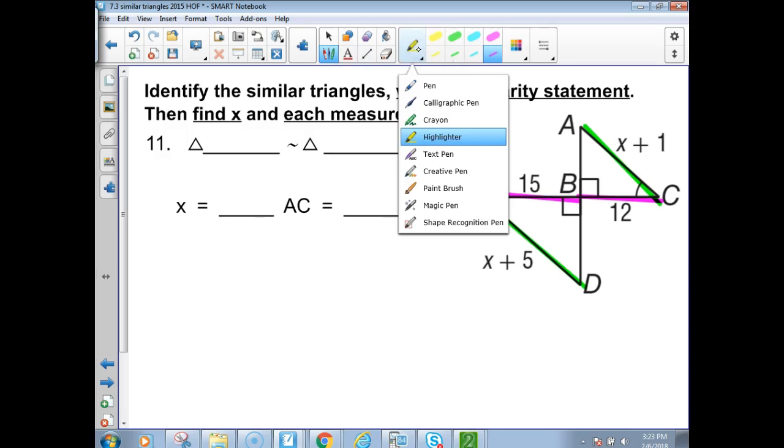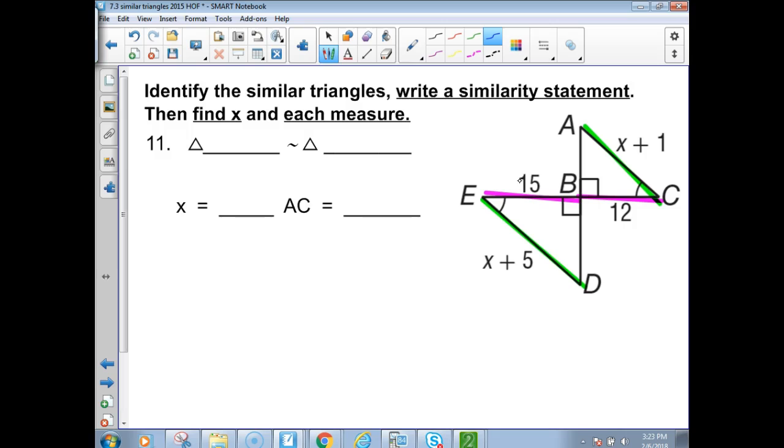Let me get a statement going here. Similarity statement, triangle EBD. If I said E to B to D, I have to say C, B, A for the other triangle. So I start with side ED compared to AC. So I'm going to do x plus 5 over x plus 1.